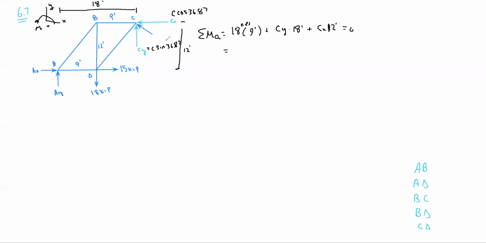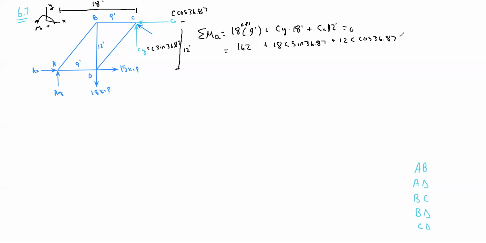So substituting those values in, we said CY is equal to 18 times C times the sine of 36.87, and CX is 12 times C times the cosine of 36.87.